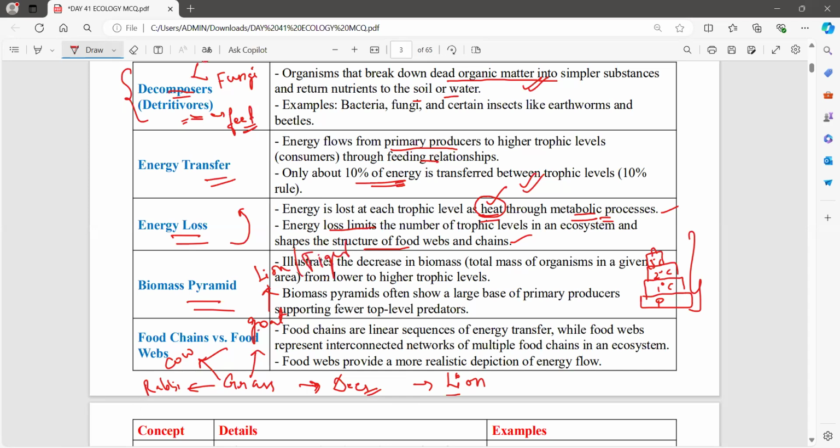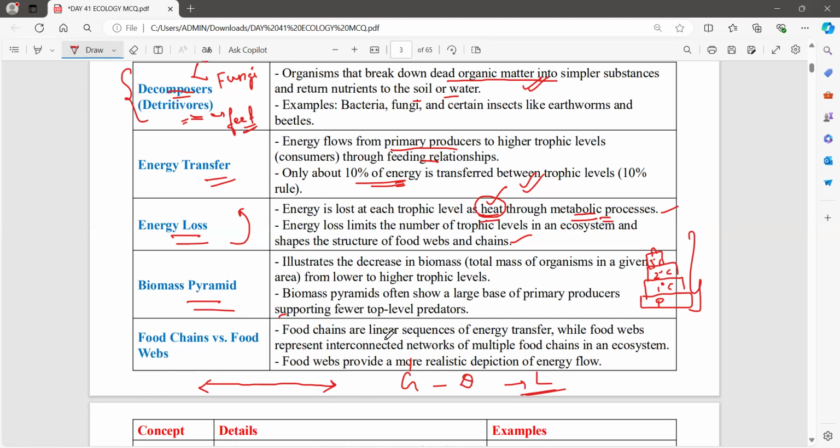So when we collectively represent one particular ecosystem, where one food source is interlinked to other organisms, that is called the food web. If it is in a linear fashion, if we take only one particular food chain like grass, deer, and lion, this is called a food chain.